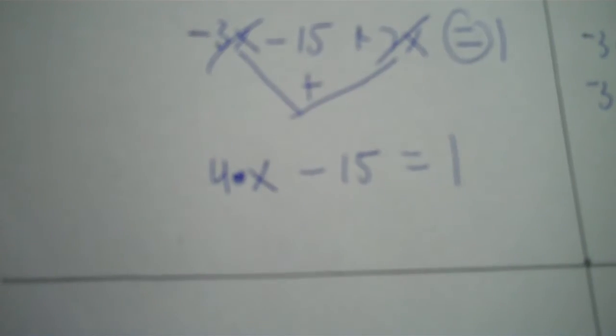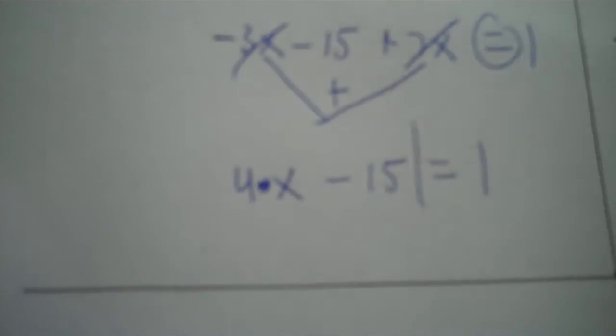I connect those with a V. I write x down, and I'm adding a negative 3 and a positive 7. Always put the plus sign in there. So I'm taking a negative 3 plus a 7. That's 4. Then minus 15 equals 1.